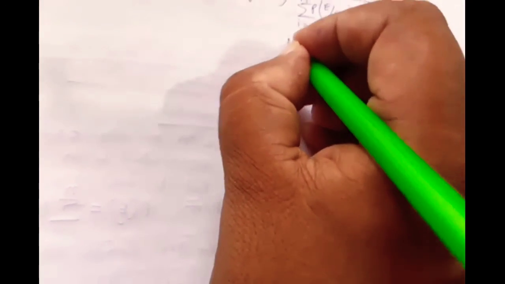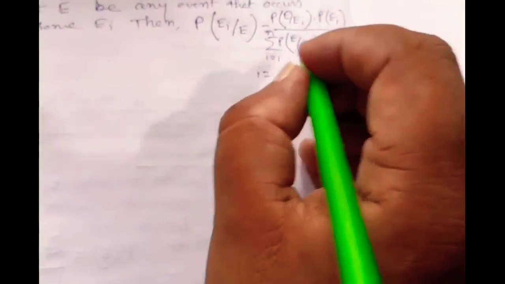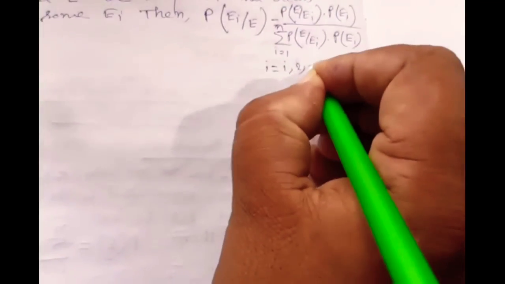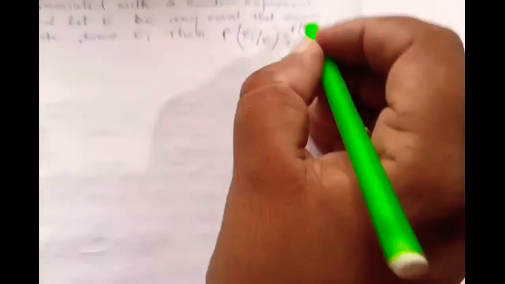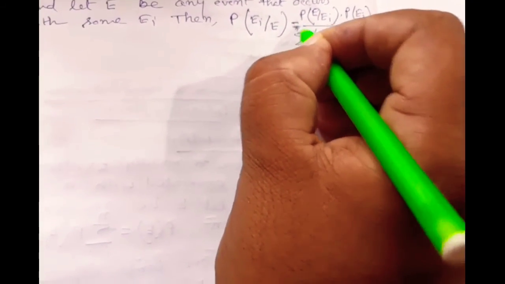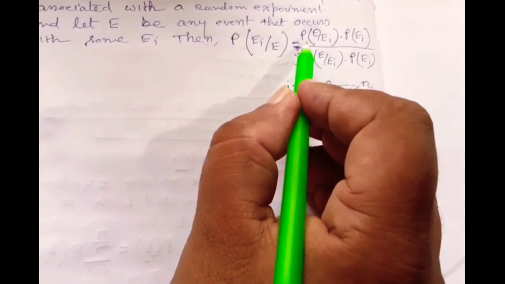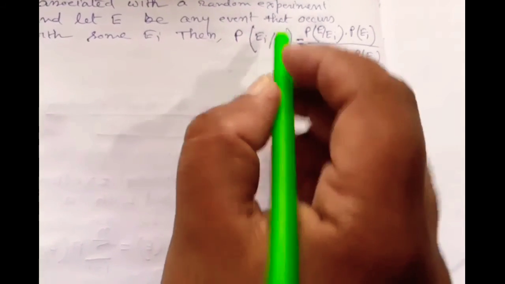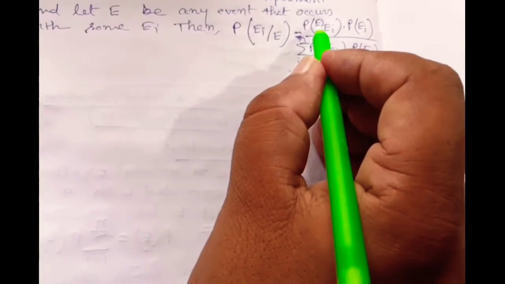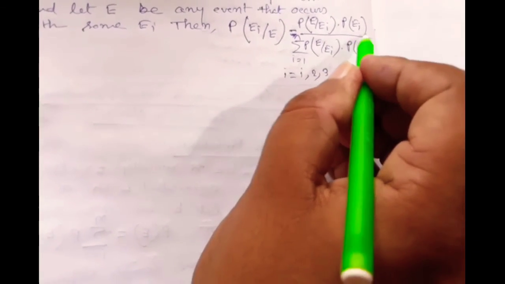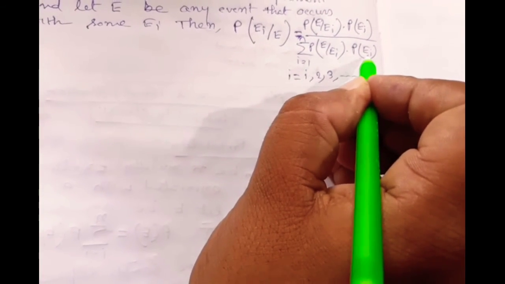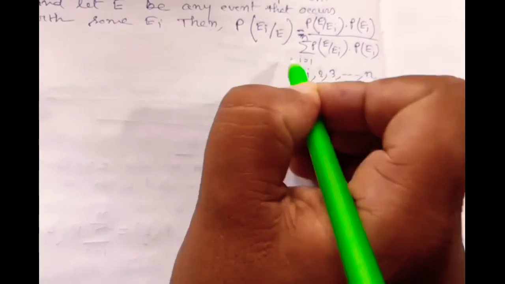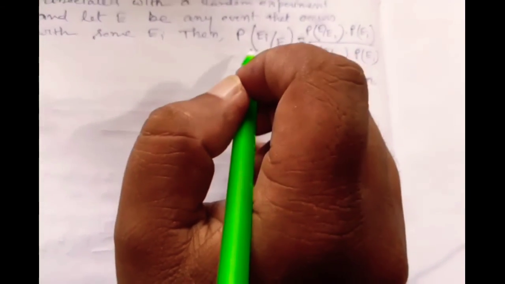Okay, where the value of i lies from 1, 2, 3 up to n. Okay, so this is the Bayes theorem. Understood? Hope you are able to understand.